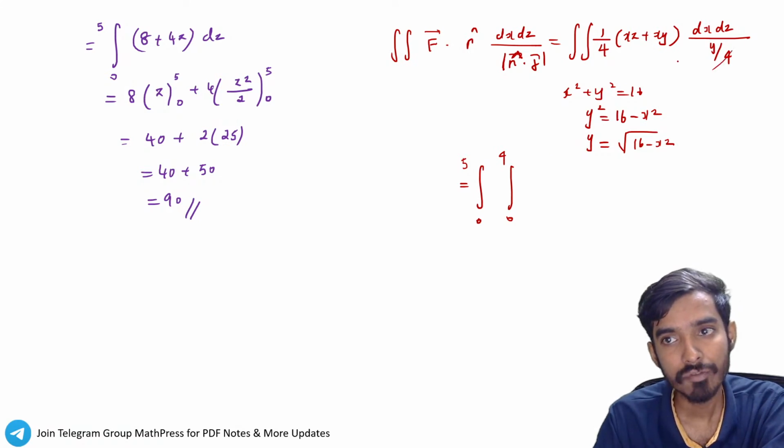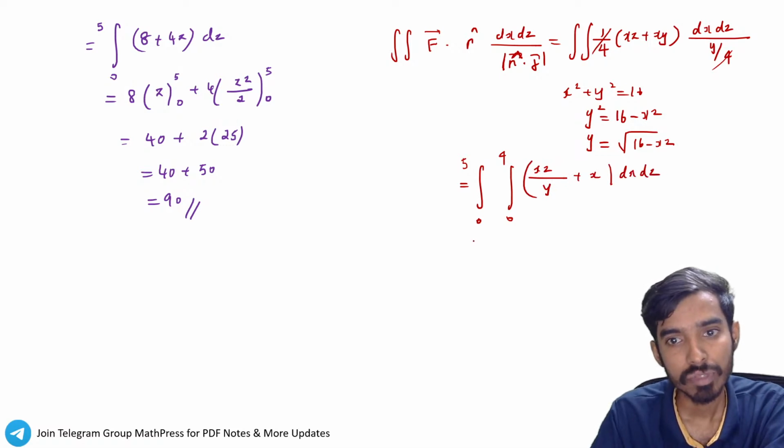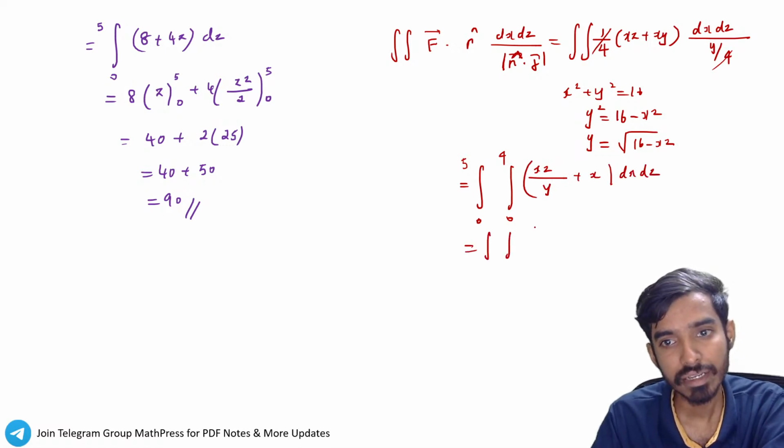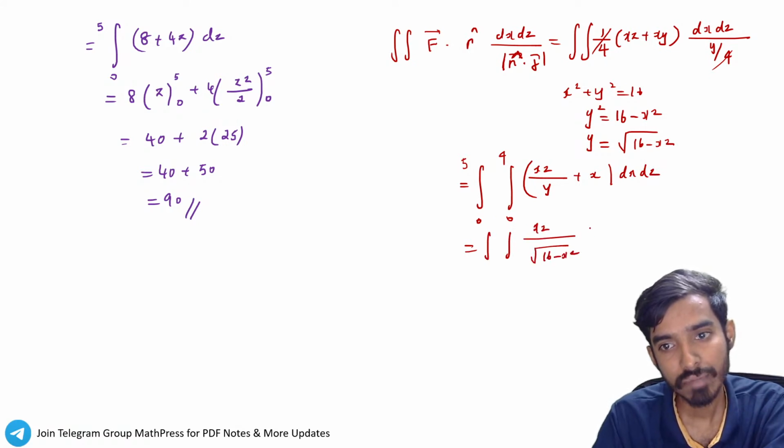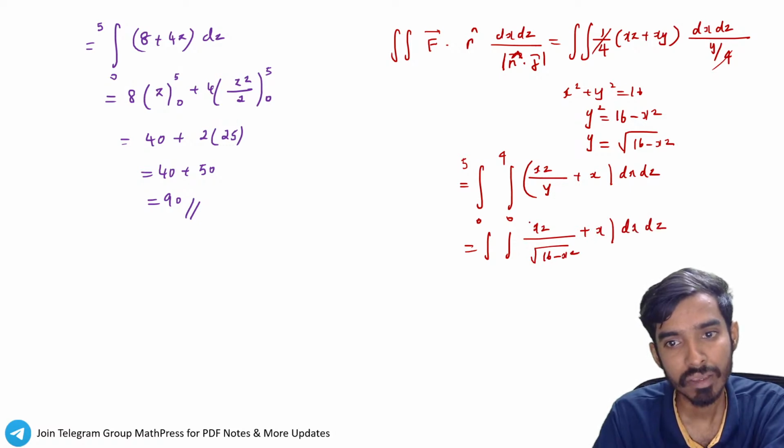Now this 1 by 4, 1 by 4 will get cancelled. If I divide individually, xz by y, and the y's will get cancelled in xy. So this will be the integration of xz divided by root of 16 minus x square plus x, dx dz. Now you need to integrate this, right?